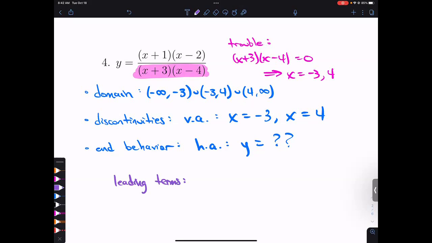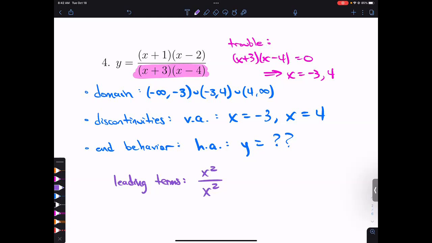If we took this thing, which is factored right now, but if you multiplied everything out, what would the leading terms be? You don't have to actually do it, right? Because we don't need the whole thing. We just need the biggest term, the thing that's got the highest power on it. So what would that be in the top? X squared. And in the bottom? X squared, right?